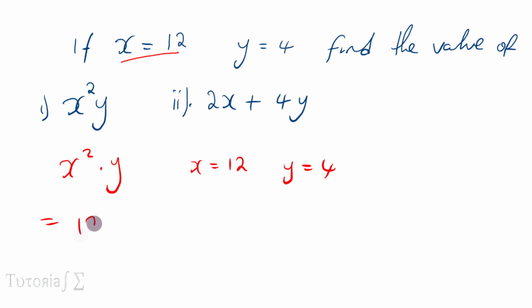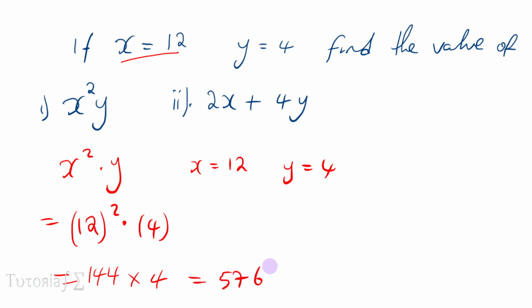So this would be 12 squared times y, which is 4. We simplify that. 12 squared, that's 144, times 4. Then 144 times 4, this will give us 576. Okay, that is the first question. You've answered the first question.